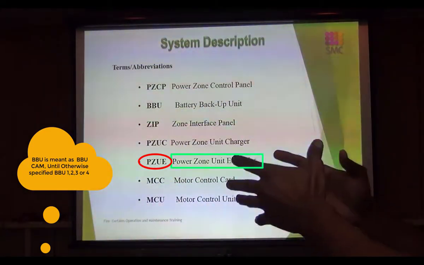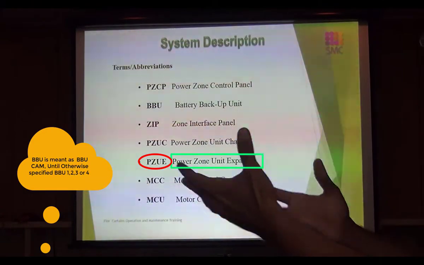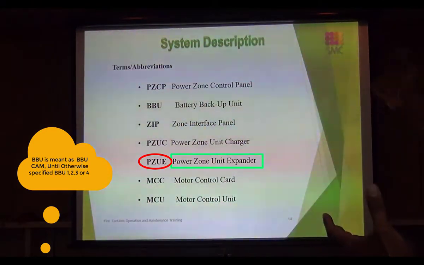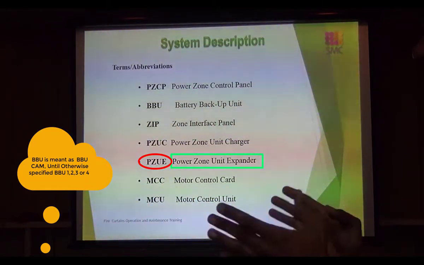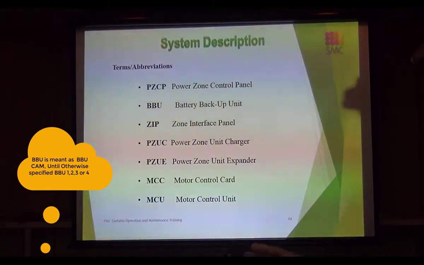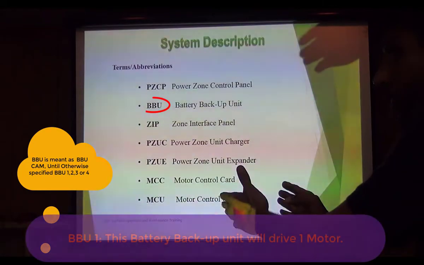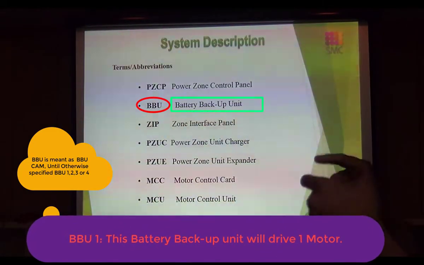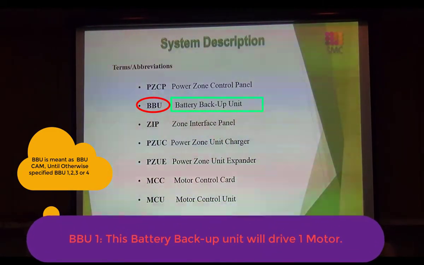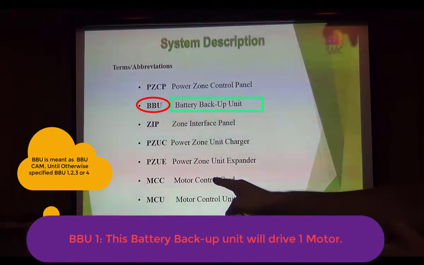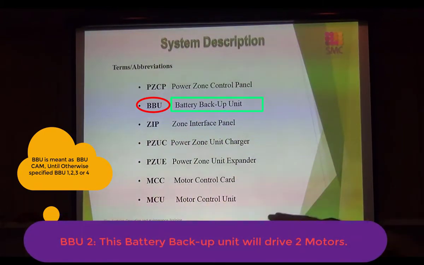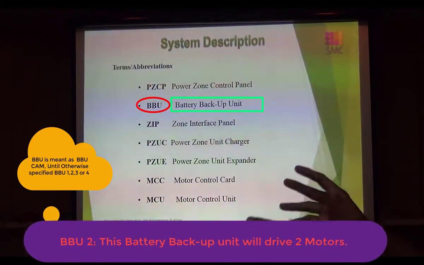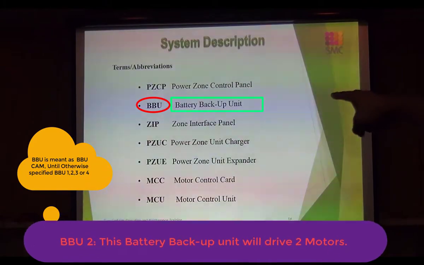BBU1, BBU2, BBU3, BBU4. So later on, during the system interaction, you will hear the word BBU1. There is BBU1 for the parking area, entrance, level A and level B. So this is actually BBU. One means it is driving one motor. And there will be BBU2. This is BBU2. This will be driving two motors because you can see two MCUs, right?